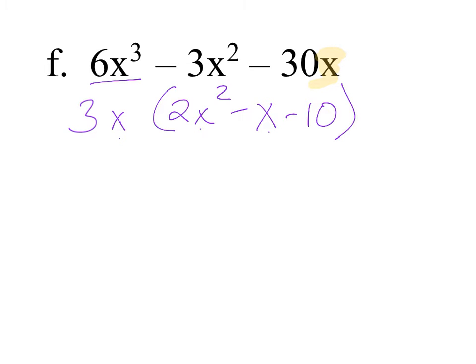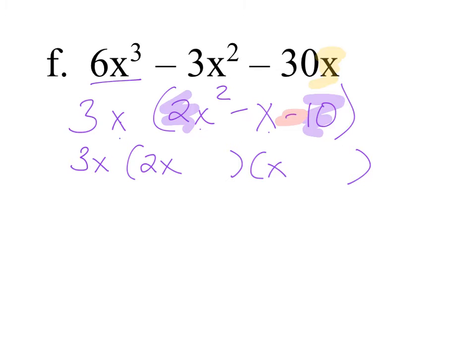All right, now I have to factor this. 3x, 2x, x. Factors of 10, when combined with 2, subtract to 1. Okay, so 10's factors are 1 and 10, or 2 and 5.